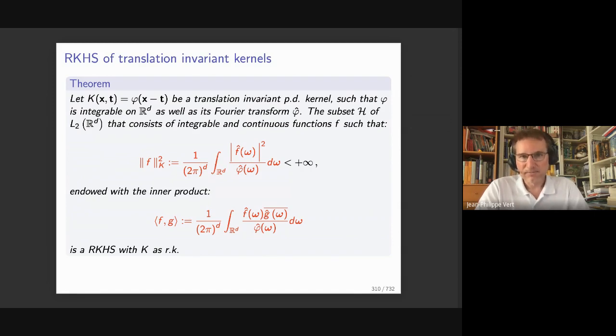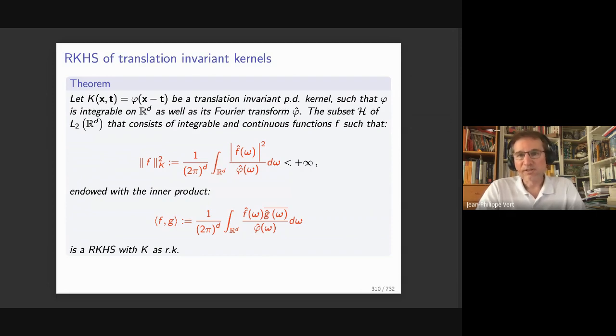And in that case, for such phi's, the RKHS is the subset of functions f in L2 such that the integral over R^d of |f hat(omega)|^2, so the Fourier transform of f squared, divided by phi hat(omega), is finite. There is, of course, a scaling term, 1 over 2 pi to the d, which is not important. But this characterizes the functions in the RKHS.